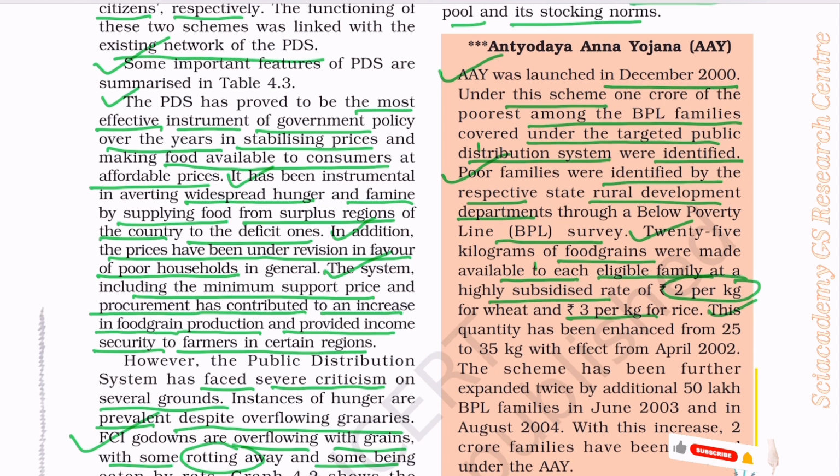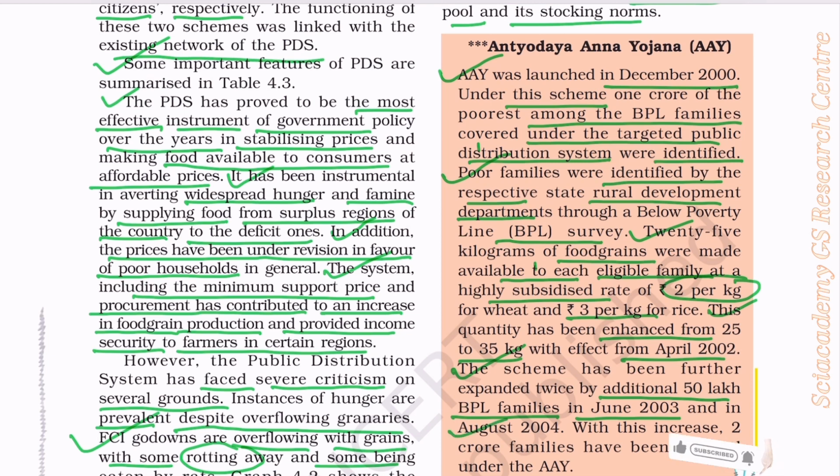This quantity has been enhanced from 25 to 35 kg with effect from April 2002. The scheme has been further expanded twice by additional 50 lakh BPL families in June 2003 and in August 2004.